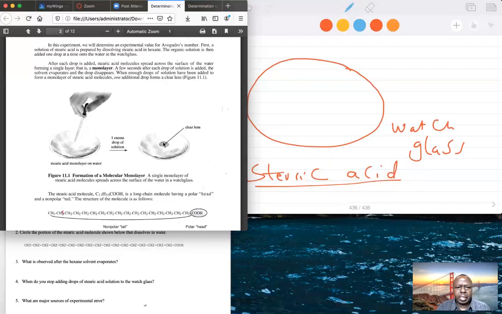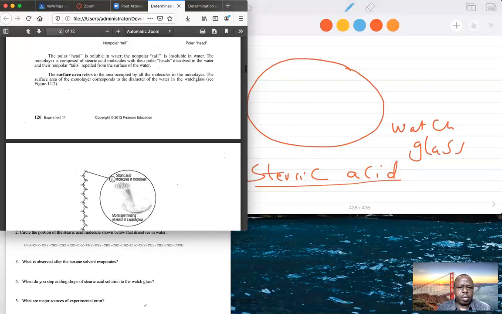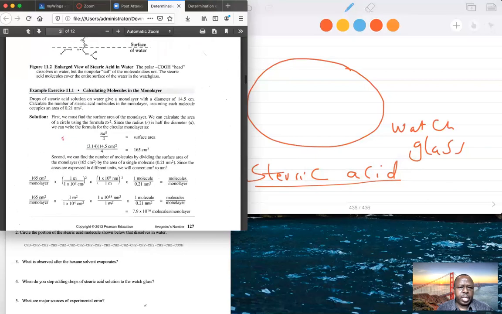With one excess drop, it will appear as a clear lens, and that tells you that you have a uniform single layer of stearic acid on the surface of H2O. We will need to know the surface area of the monolayer. There is an equation we will be using to find the surface area.